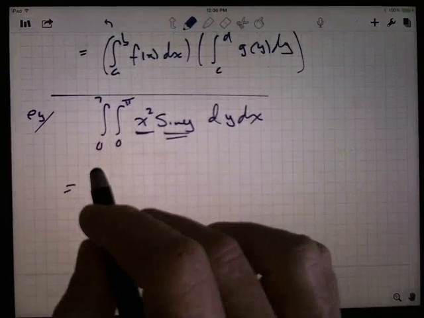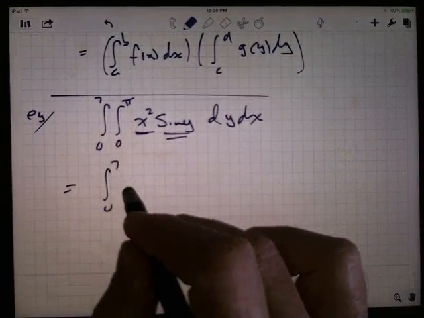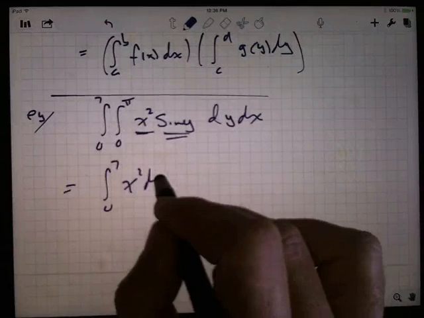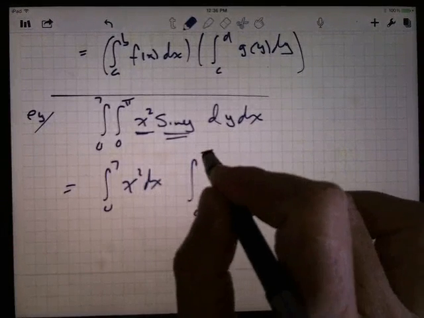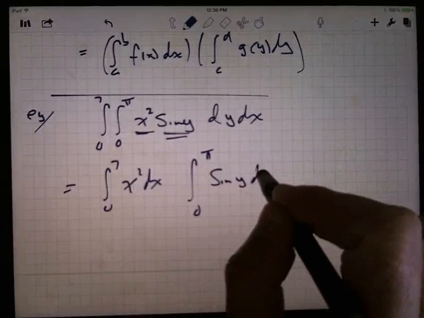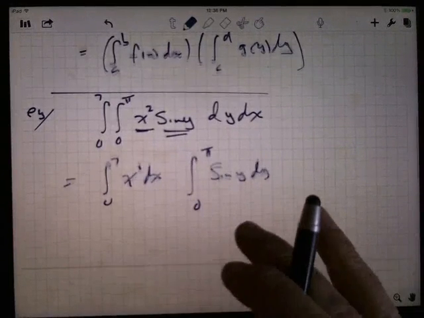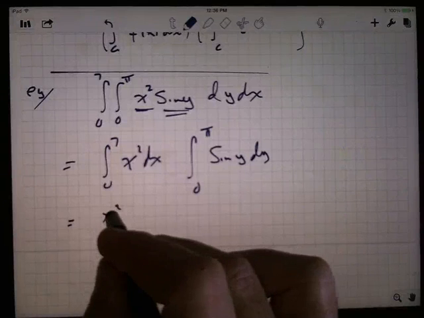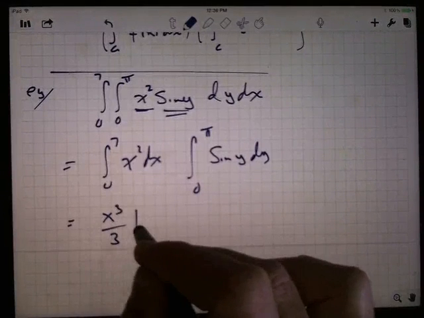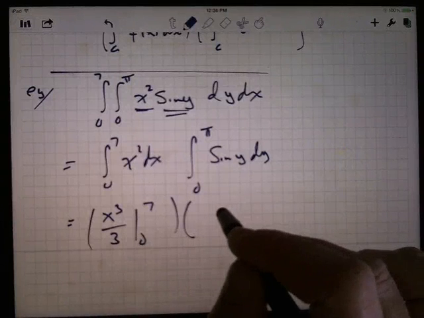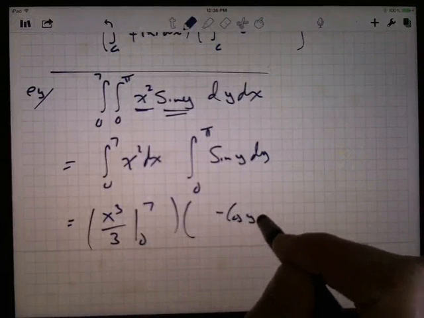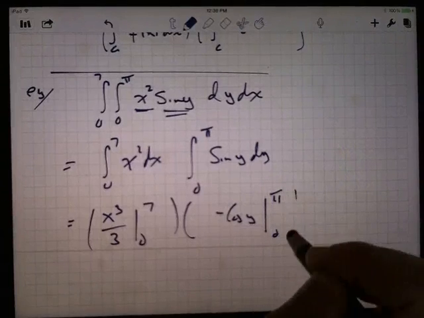I can say, all right, this is just the integral from 0 to 7 of x squared dx, and then I'm going to multiply that by the integral from 0 to pi of sine y dy. Each of those are easy enough to do. So this is x cubed over 3, evaluated between 0 and 7. And then I'm going to multiply that by negative cosine y, evaluated between 0 and pi.